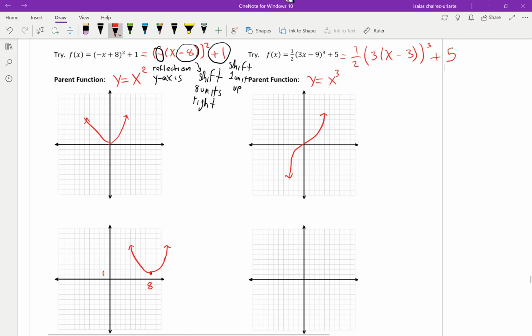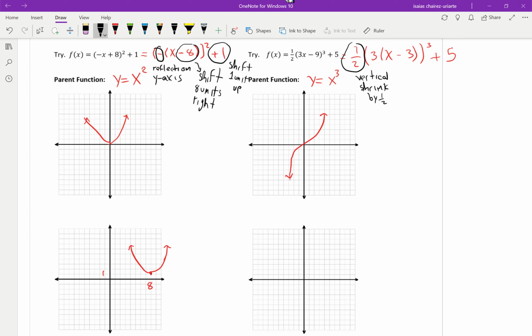And now let me start thinking about the transformations. So what does this 1/2 do? Turns out that that is a vertical shrink by 1/2.